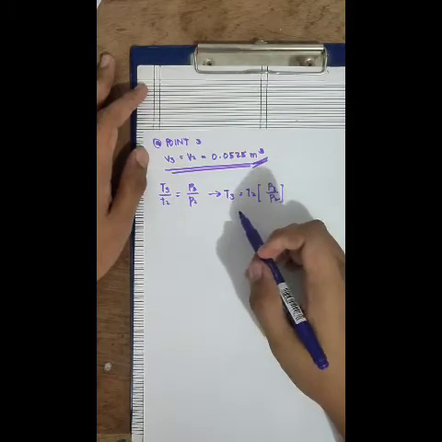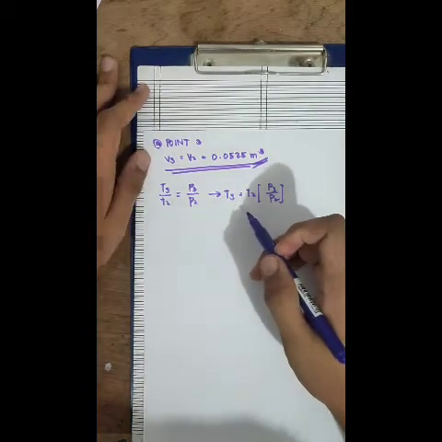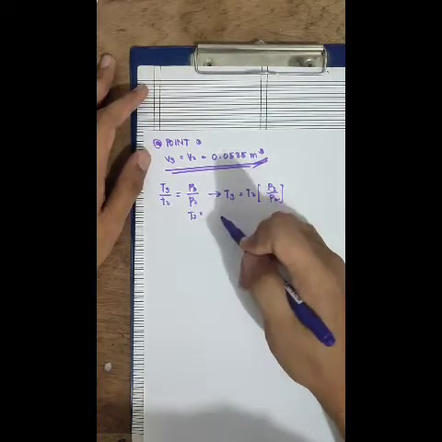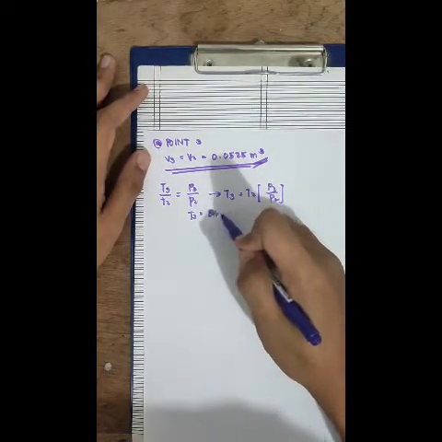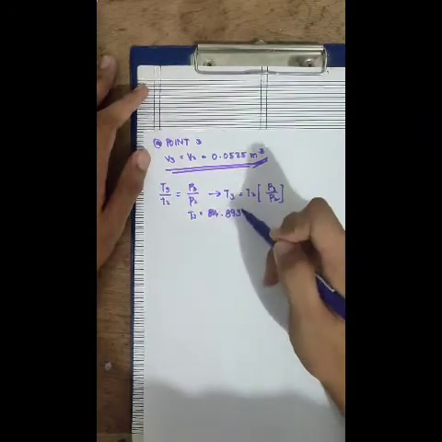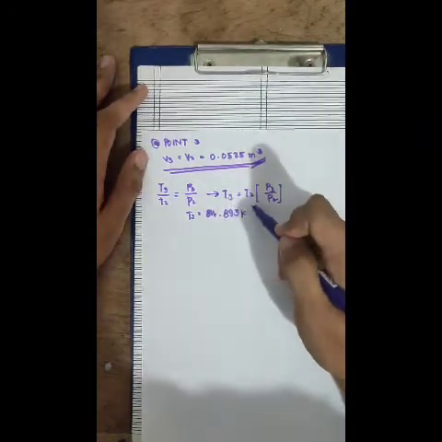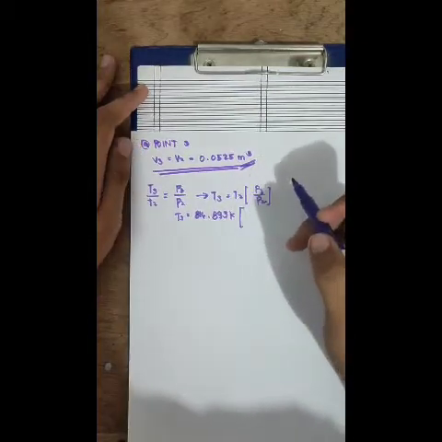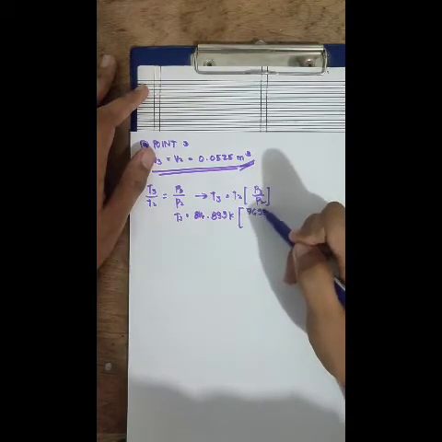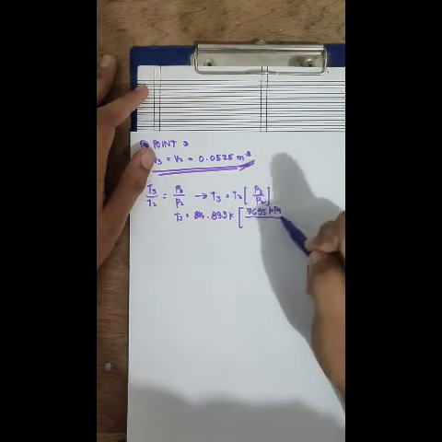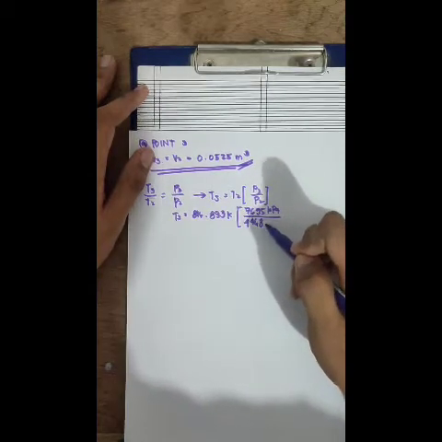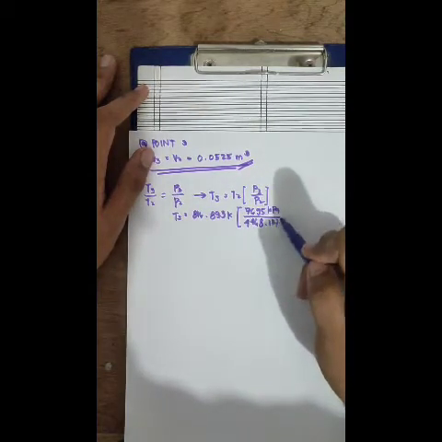All we need is to substitute all the data here, which is T3 is equal to 816.893 Kelvin multiplied by the pressure 3, which is 7695 kilopascal, over the pressure 2, which is 4468.107 kilopascal.